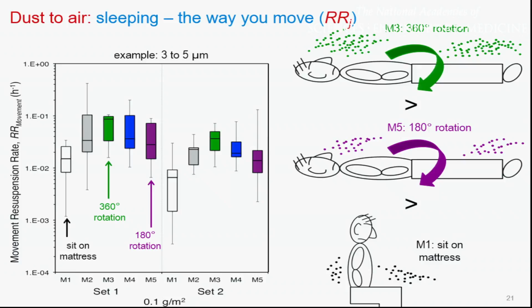What really mattered in this case was not the body mass, but the intensity of the movement, how the people moved. So we asked the volunteers to perform 5 different movements, and we found that the more intense the movement was, as characterized by surface vibrations, the more particles you resuspend. So you can think that a full rotation of your torso would resuspend more particles than simply sitting on the mattress.